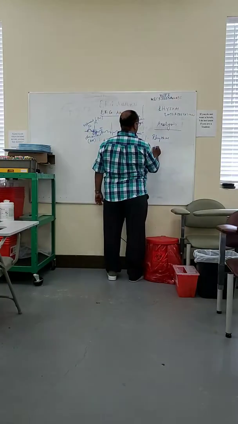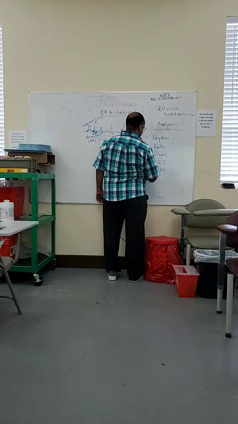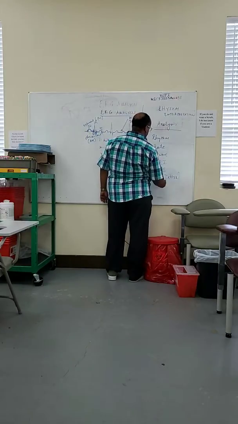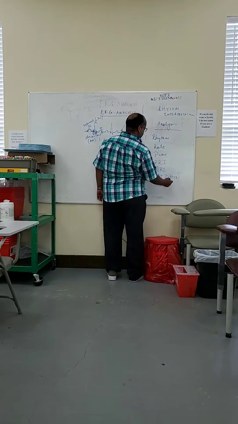Two, the rate. Three, the P wave. Four, the PR interval. Five, the QRS. And six, the QT interval. Together with the QT, there is also the QTc, which is the corrected QT.